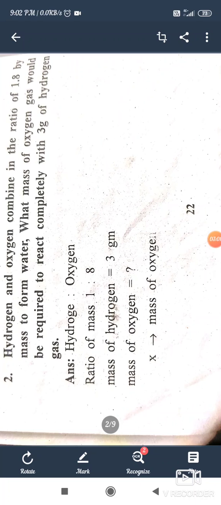Hydrogen is 1 and the mass of oxygen is 8. Because the mass of hydrogen is 3 grams, the mass of oxygen is x.